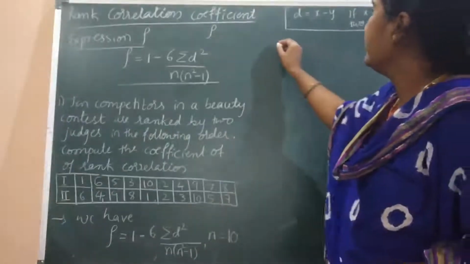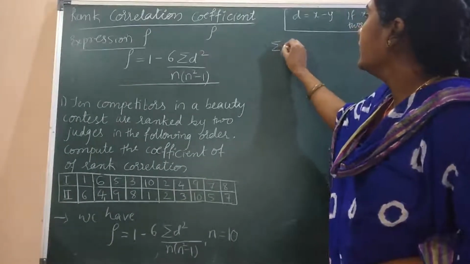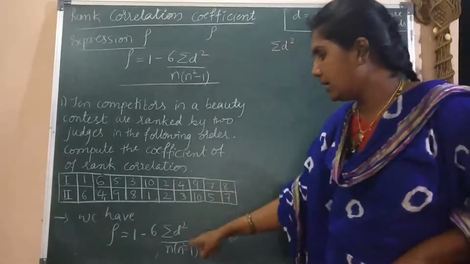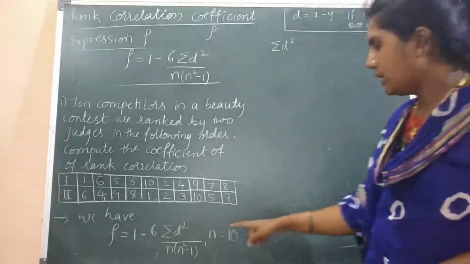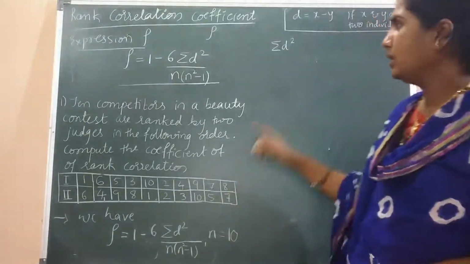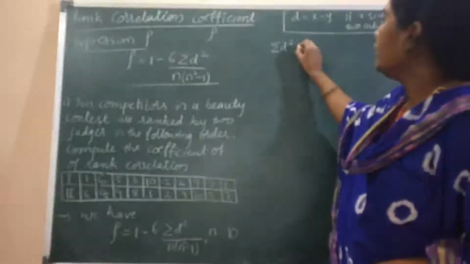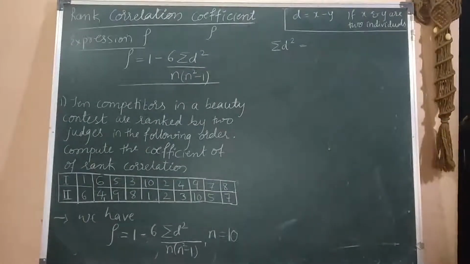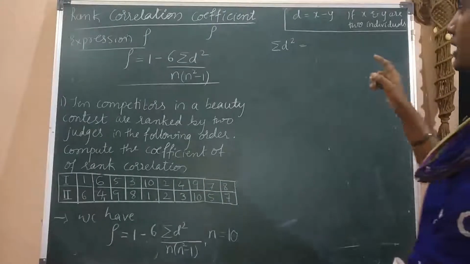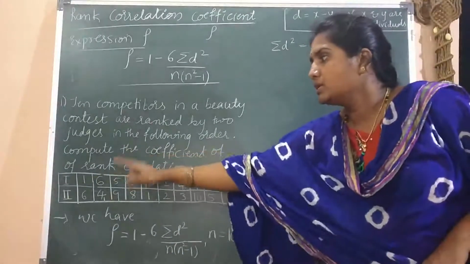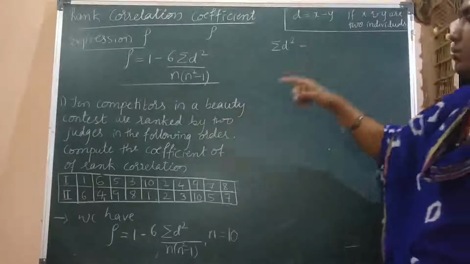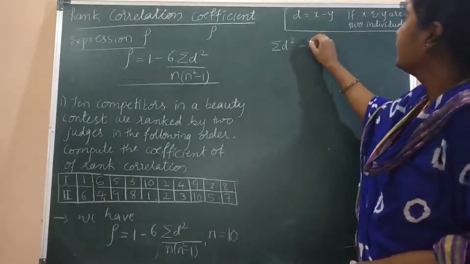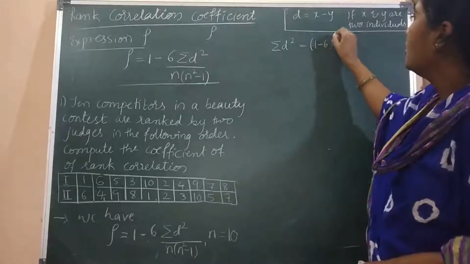First we will find summation of d square because only d and n are the unknown quantities, and we already have n. Summation of d square means 1 minus 2 whole square, and that is 1 minus 6 whole square.